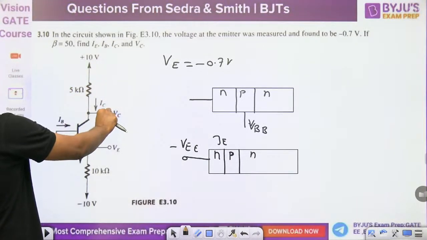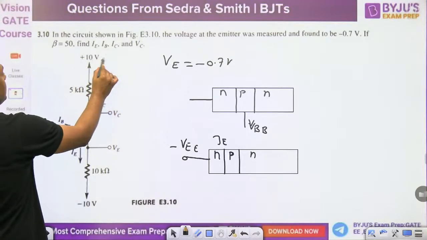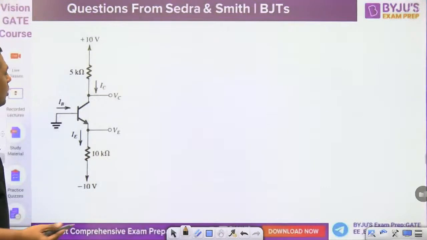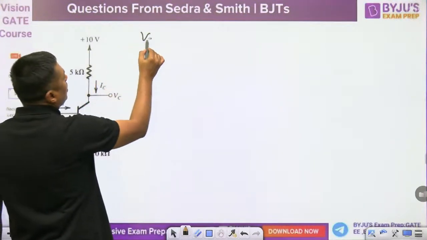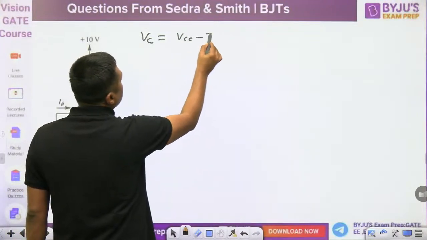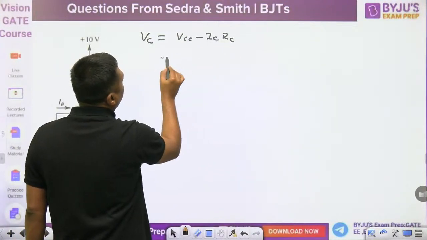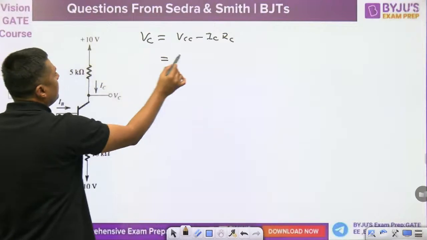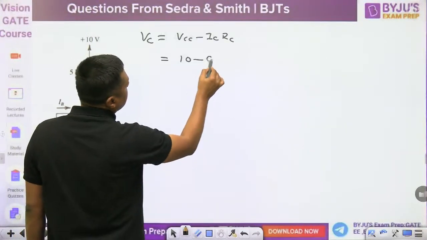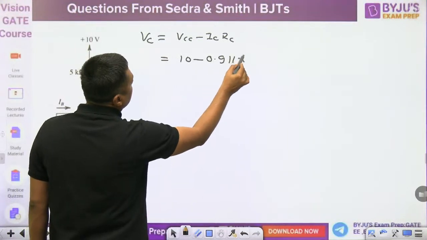Now this VC is VCC minus IC into RC. So normally node voltage, if it is asked in numerical, they will ask VC is equal to VCC minus IC into RC. Then it will become 10 minus IC, we have calculated 0.911, into RC.